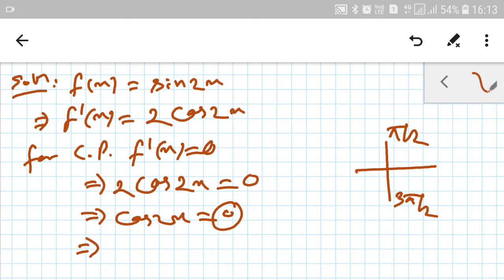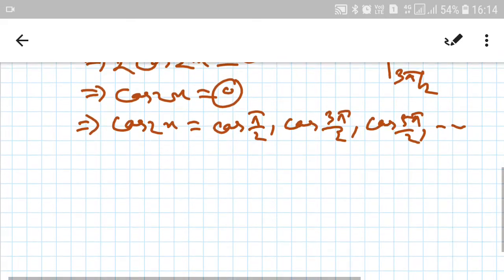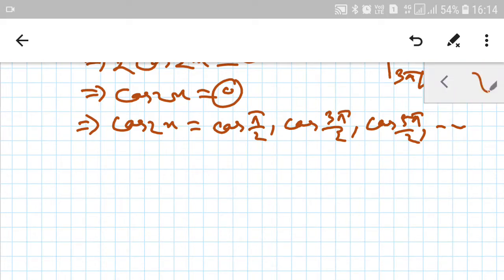So cos 2x equals cos pi by 2, or cos 3 pi by 2, or cos 5 pi by 2, and so on.